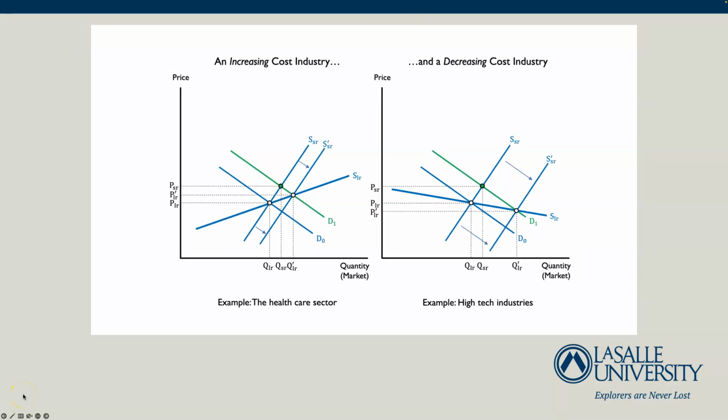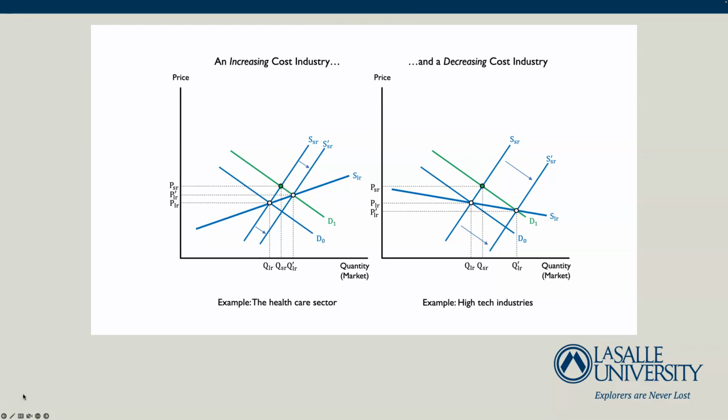Now in the healthcare sector, we have greater entry because of these higher prices, but at the same time, because we have many barriers to entry, which we will discuss later, ranging from education and licensure requirements to some regulations or patent protections that are granted by the government.